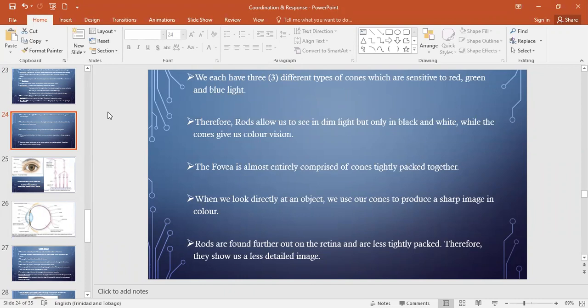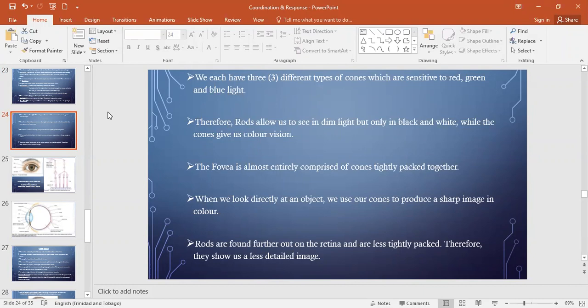Your rods, however, can only see in dim light, and they process information in black and white, so you will not get the color vision that you would get with your cone cells. That's why in the nighttime, you won't see color as easily. The more light that enters your eye, the more you will be able to see color. Other than that, you won't be able to see color so readily.